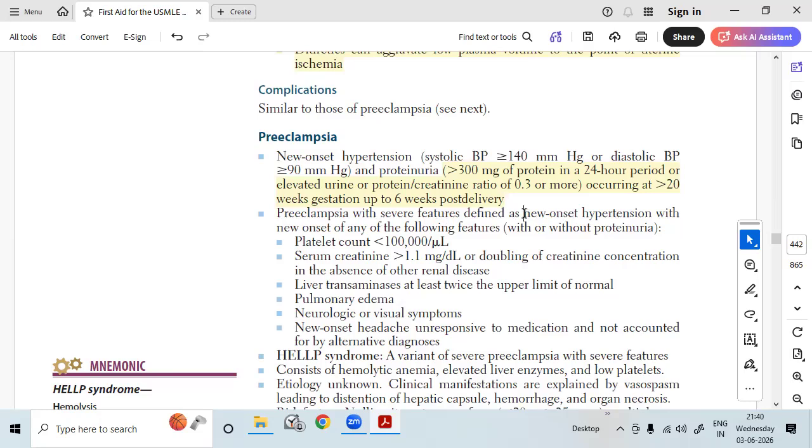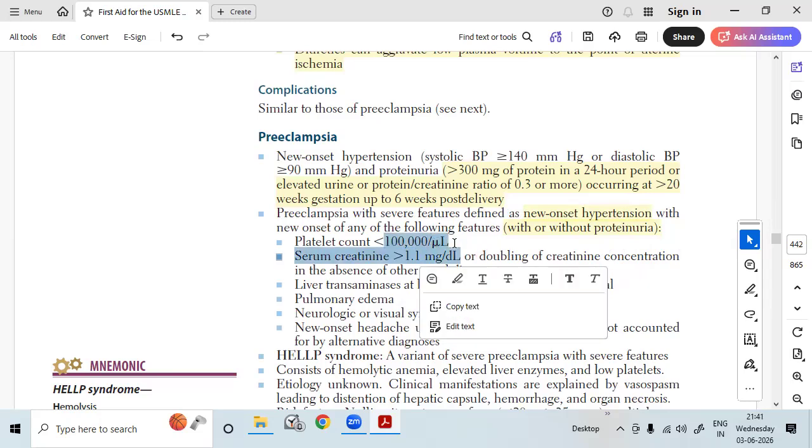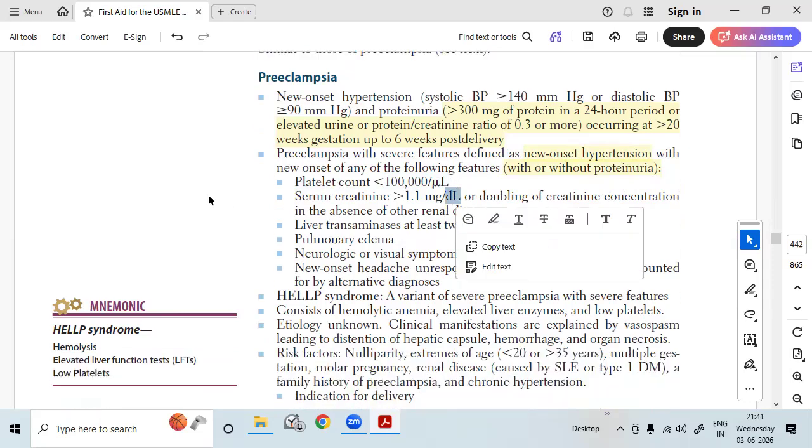So there can be preeclampsia without proteinuria. Features are: platelet count less than 1 lakh per microliter, creatinine more than 1.1 or doubling of the creatinine concentration in the absence of other renal damage.